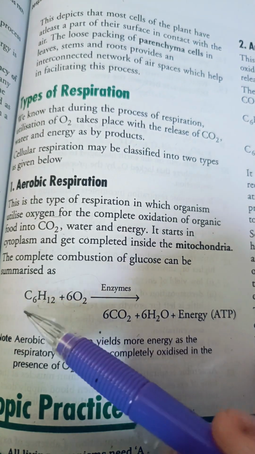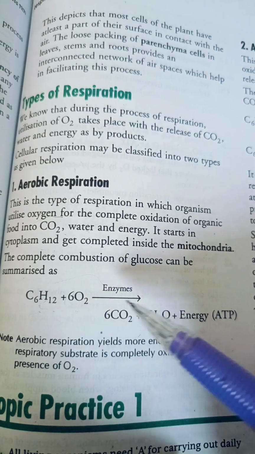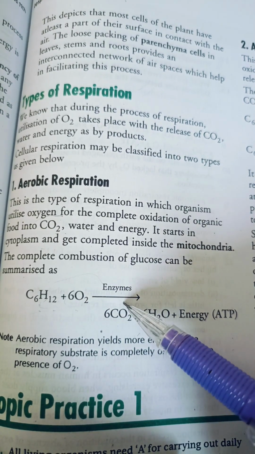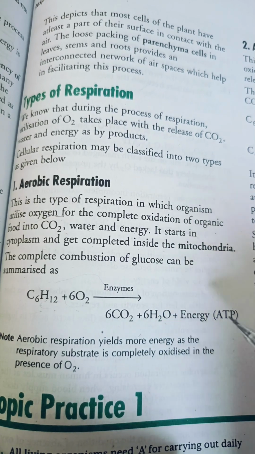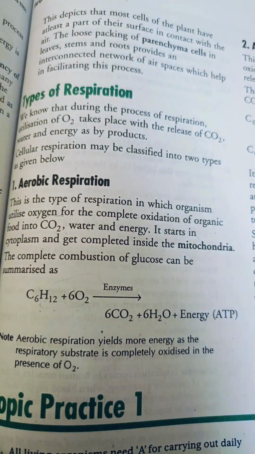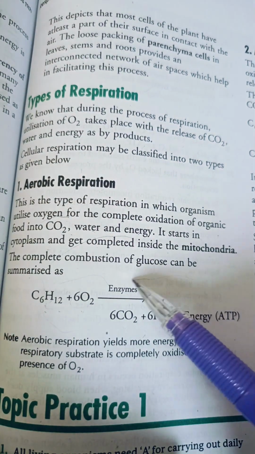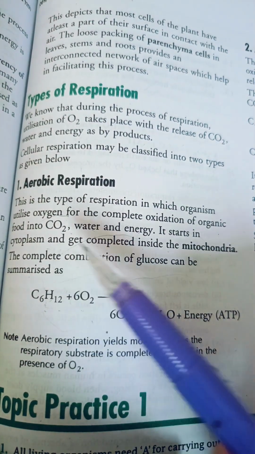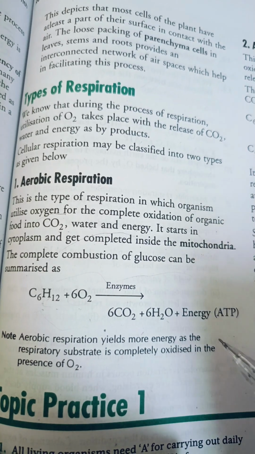The compound C6H12O6 plus oxygen, under the influence of enzymes, gives 6CO2 plus 6H2O plus energy. This process starts in the cytoplasm and is completed inside the mitochondria.